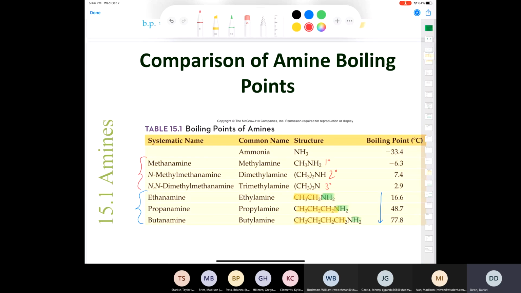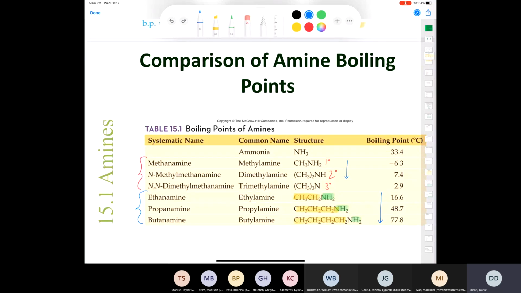Now these molecules differ in molar mass, so we can't necessarily draw a correlation between molar mass and boiling point, but we can see a trend: as we go from the primary to the secondary, the boiling point increases. They both have hydrogen bonding, but dimethylamine has a higher boiling point because of the increase in molar mass from adding that second methyl group.